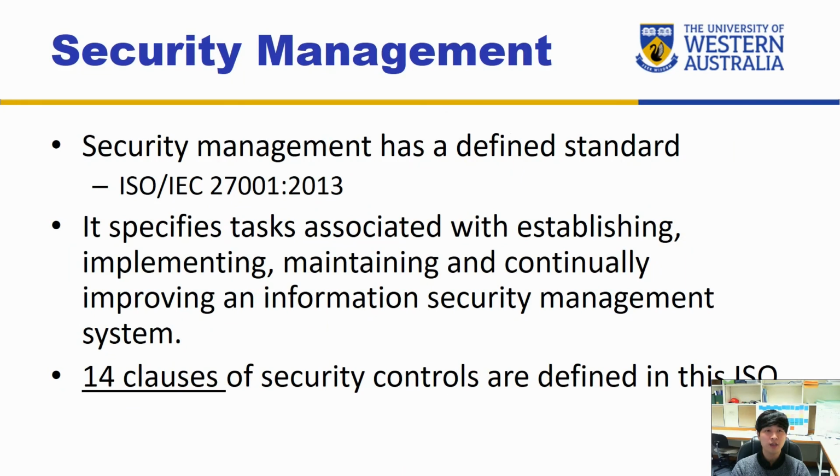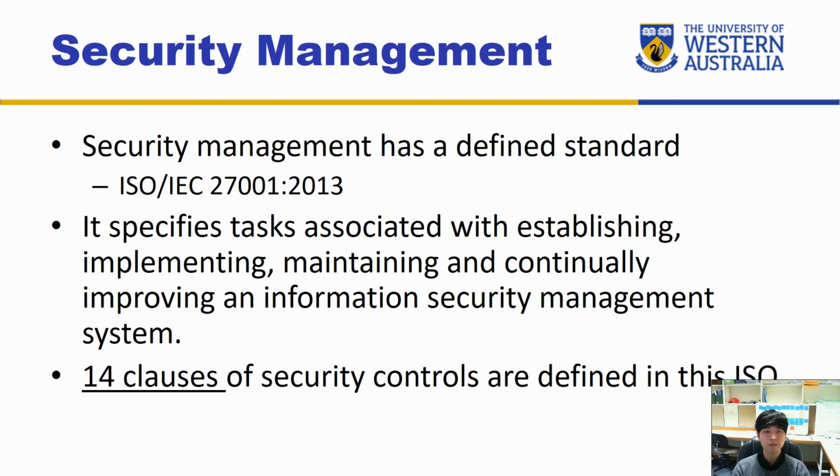Security management has standards like ISO 27001. There may be a new one; the last time I checked was last year. Basically, it specifies tasks associated with establishing, implementing and so on of the security management system. It provides a step-by-step guide on what you need to do at each step in order to achieve a secure system, and that's part of the management stage.